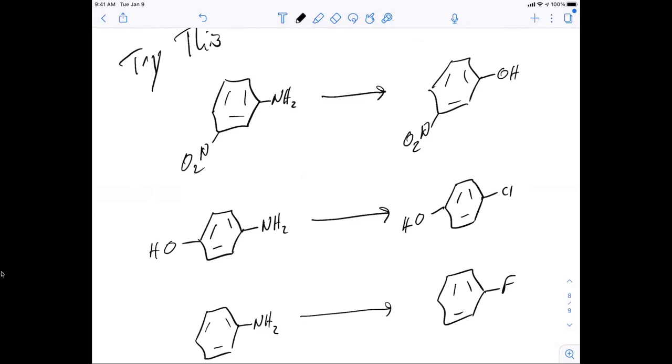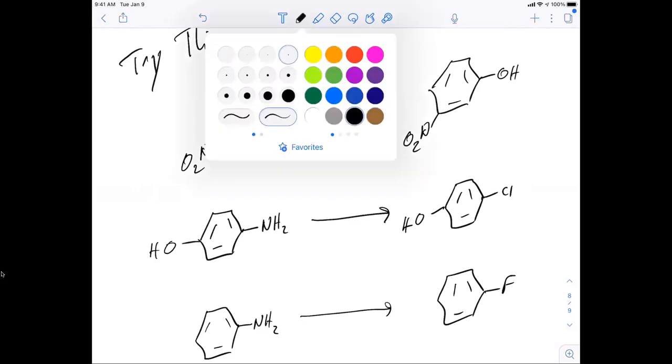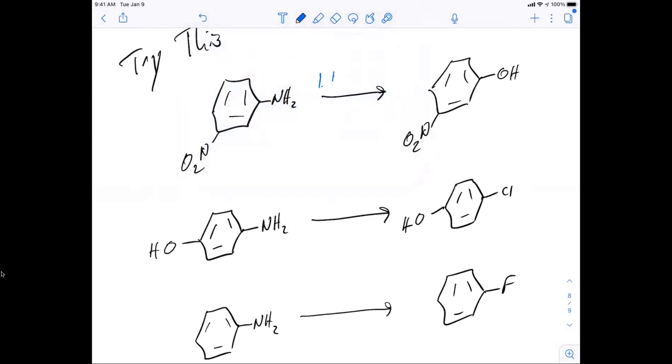Okay, so the first thing on each of these is you're going to make the diazonium. So you're going to react it with sodium nitrite in acid. And then here we want to end up with the OH. The hydroxyl, we just add water and heat once you form the diazonium. And it does direct substitution, so I don't have to worry about changing my arrangement around the aromatic.